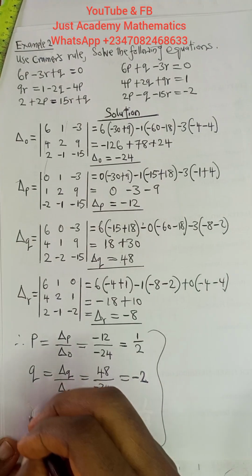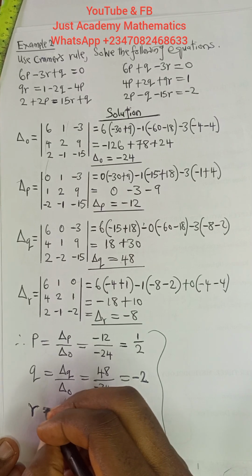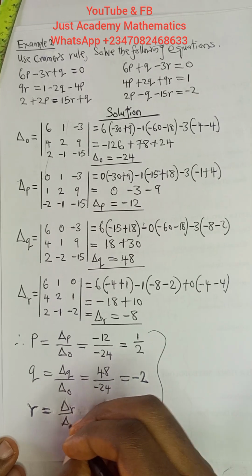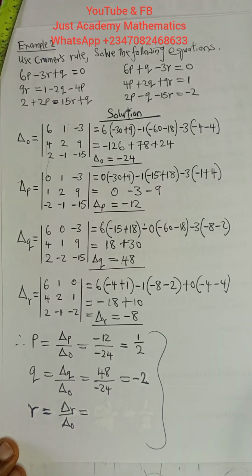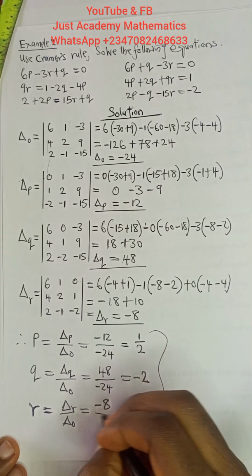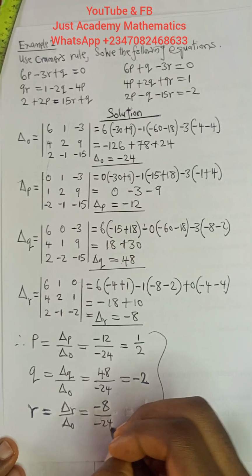So the next thing is to get the value of R. Let's get it for R. So R is equal to change in R over change in 0. And what is change in R? Change in R is minus 8 over change in 0, which is what again? It's minus 24.